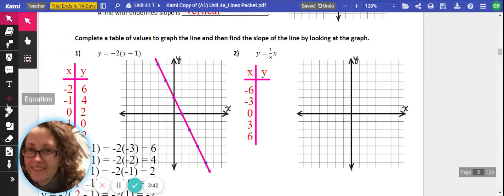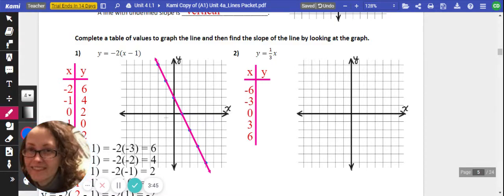So in order to look at what the slope is, they said complete the table of values, graph the line, and then find the slope by looking at the graph. I am going to first look at what my y value does. So I'm going to go up, going to track this up and then to the left.